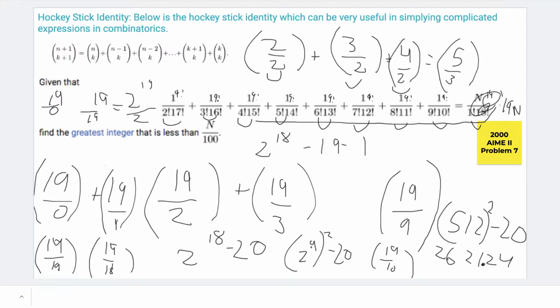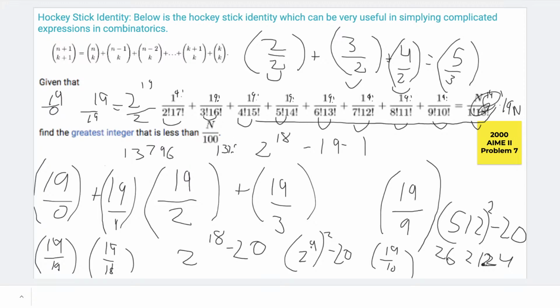First we divide this by 19, and 262,124 divided by 19 we get 13,796, and if you divide this by 100, you get 137.96.